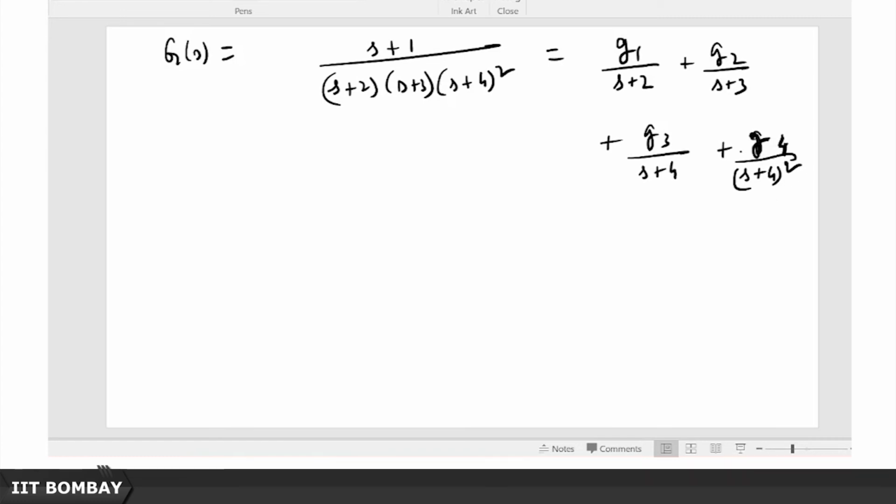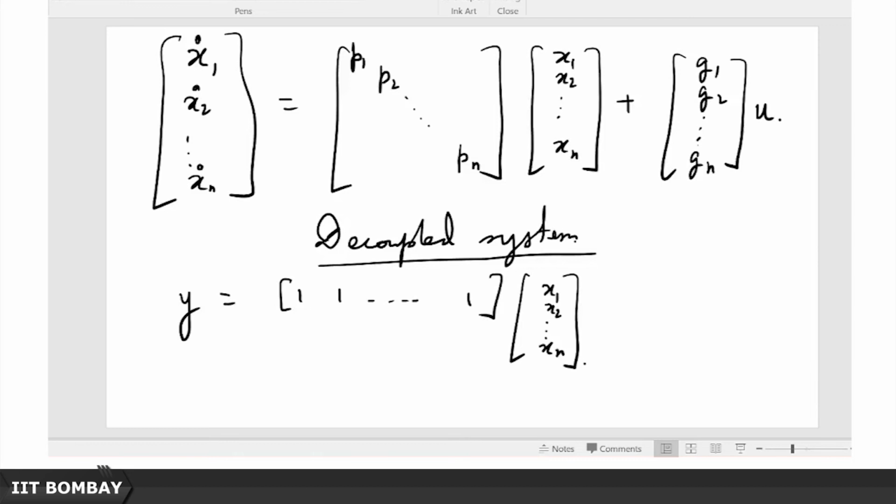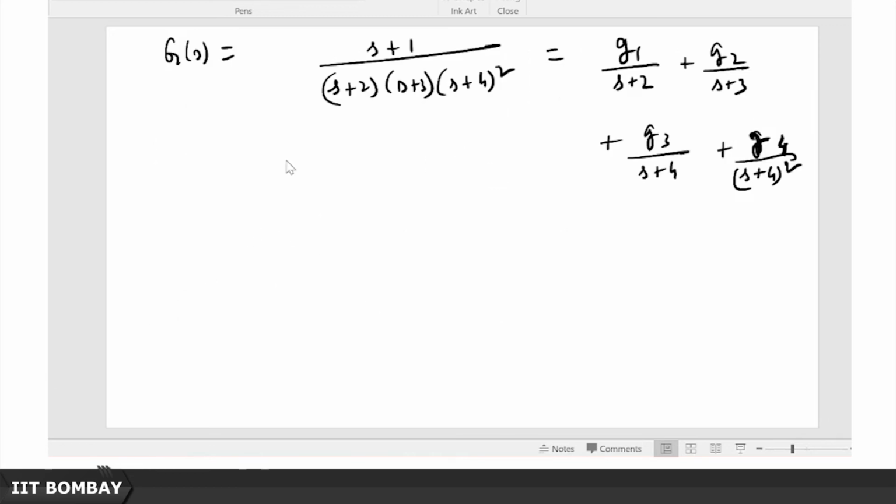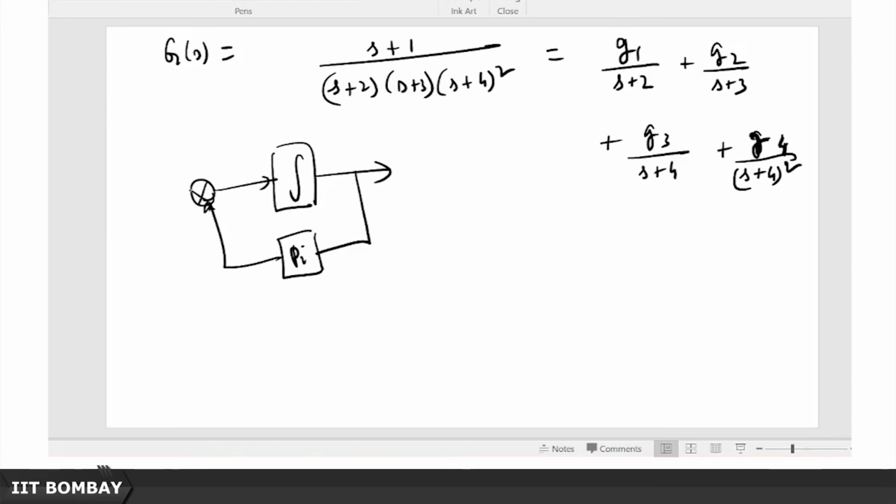Now, can you still go about and realize it in this diagonal form that we have seen so far in the previous slide? Obviously, a moment's thought will tell you there's no way you're going to be able to realize it in this diagonal form. Why? Because now you don't have just first order terms like this, which can be realized conveniently in the form of an integrator and feedback structure like this, and then summed over here like so.